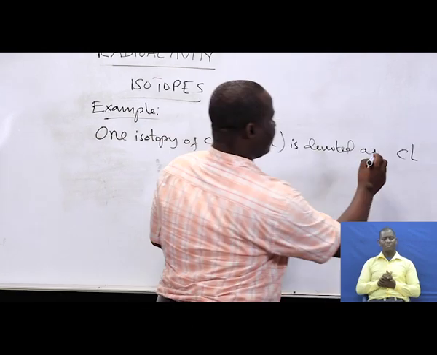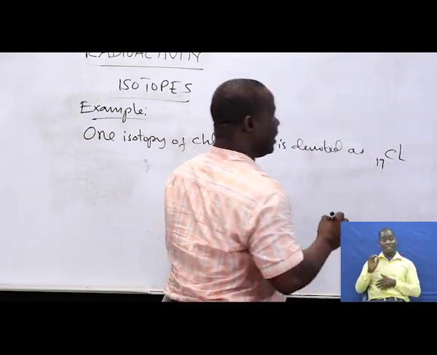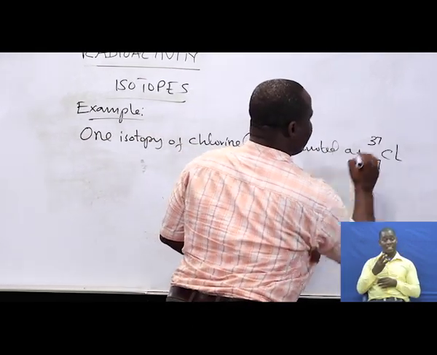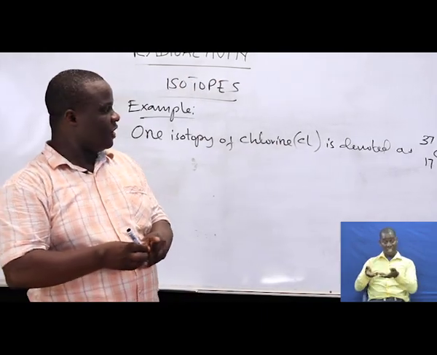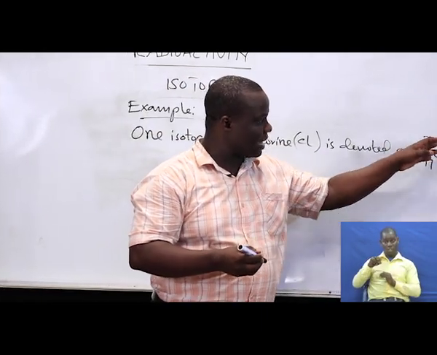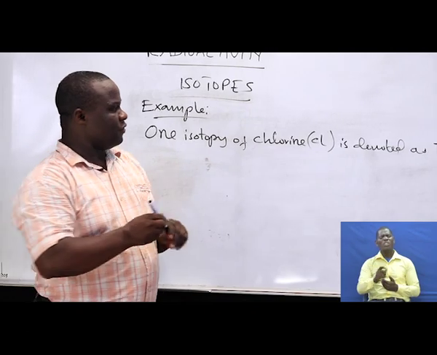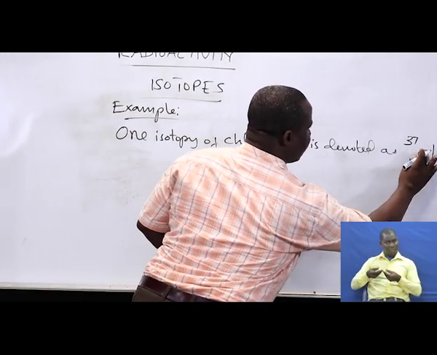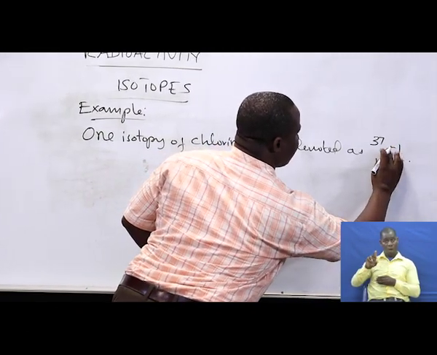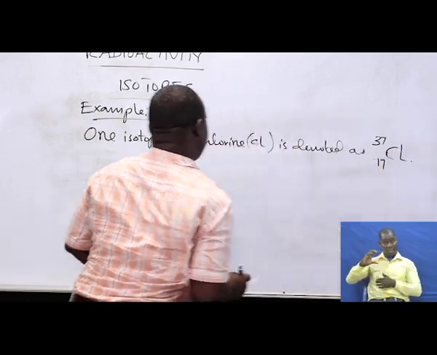Good, 17. It's 17. And its mass, 37. The atom being given for chlorine is of isotope with mass of 37. Now the question here, this is chlorine, Cl, capital C and a small l.